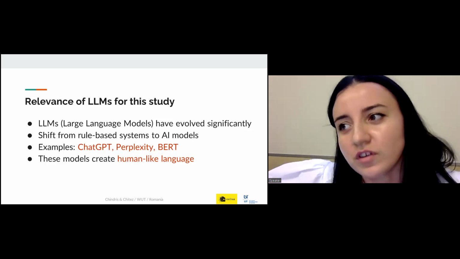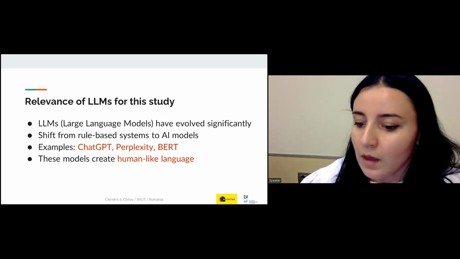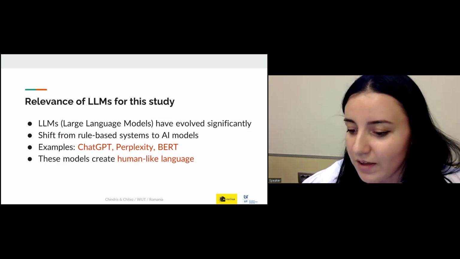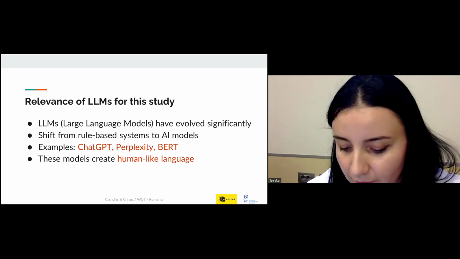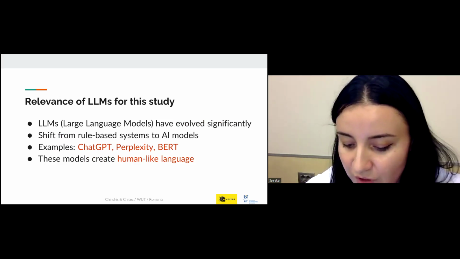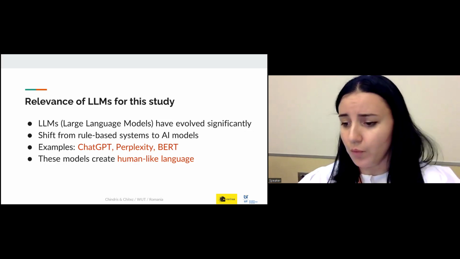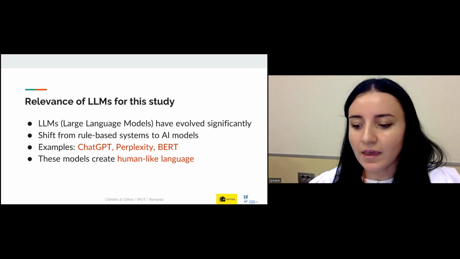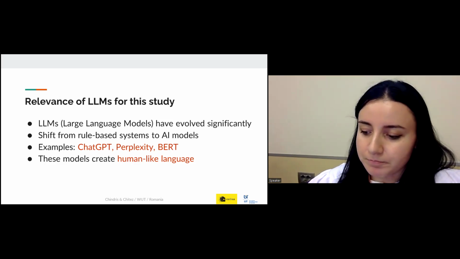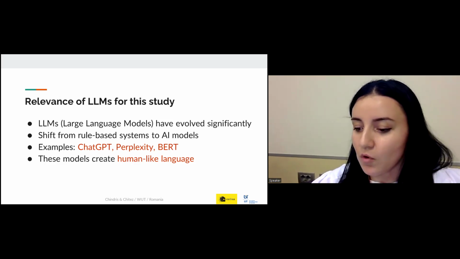But my focus is on ChatGPT version 4. These advanced models are capable of generating human-like language, making interactions with technology and these simplifications more natural.